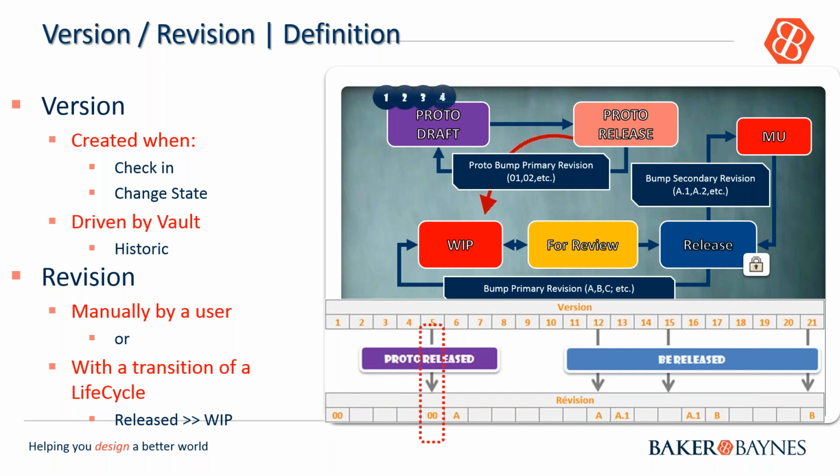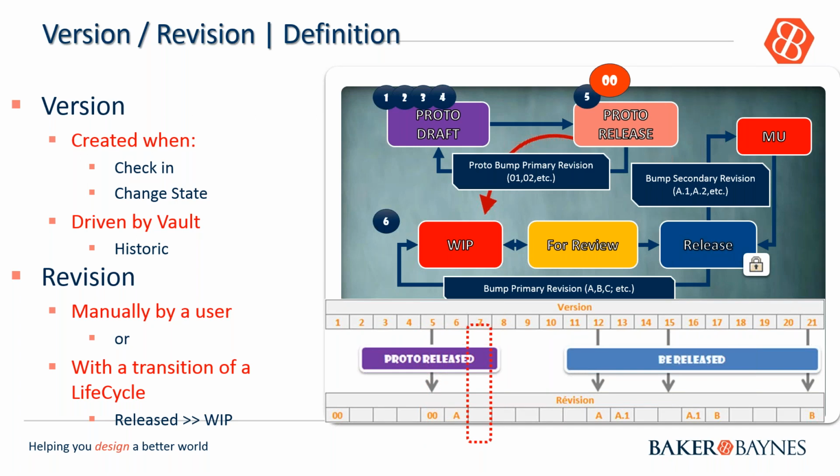Okay, so if we had to start it up, what you see in the top there, the alphabetic side, that's the version that's being created because it's being checked in and checked out and being worked. As we move it along, it moves into its released R&D release state. So from there, it needs to move on to the work in progress state for the design lifecycle.